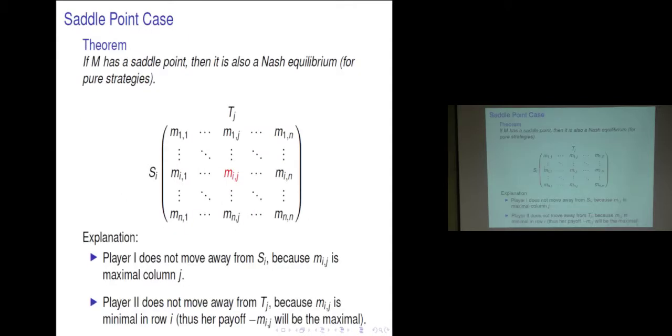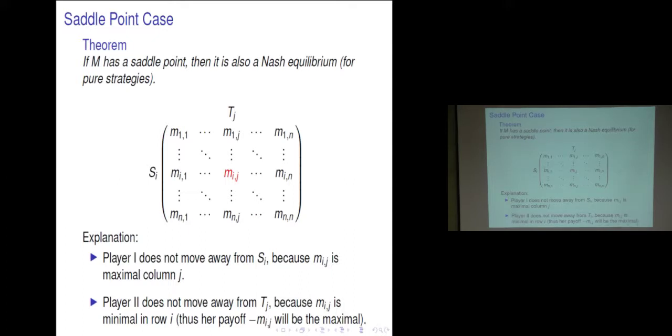Try again. Suppose this red entry is the minimum in this row. If player one plays this strategy, this is the worst payoff, so she will get at least this much. If the other player doesn't play strategy j, she probably gets more, but this is the minimum.